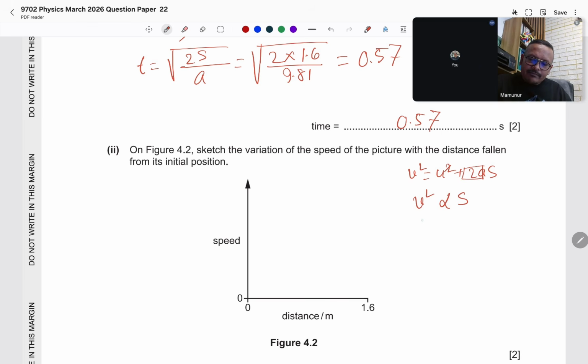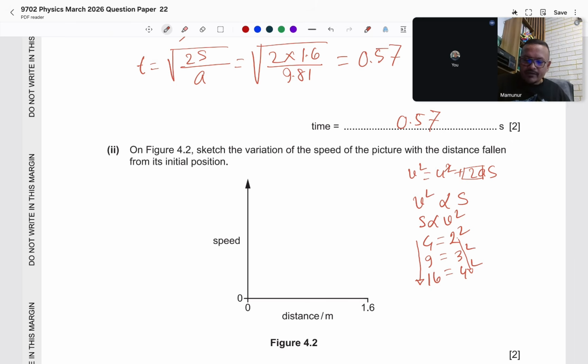If v is 2, v² is 4; 3 squared is 9; 4 squared is 16. Speed increases gradually, distance will increase more. It will not be a straight line.